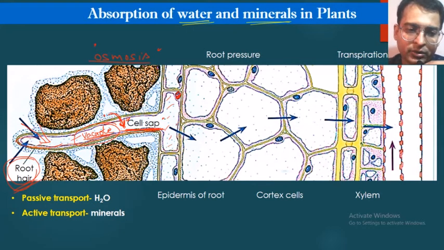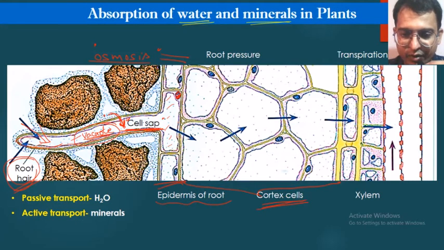After that, this water that is taken up by the root hair will move through the cortical cells. Okay, this is the epidermis of the root, this part. Okay, this part is the epidermis of the root, and here to here we say that it is the cortex cells. Okay, cortex cells means cortex, they are the filler between the transport tissue which is the xylem.